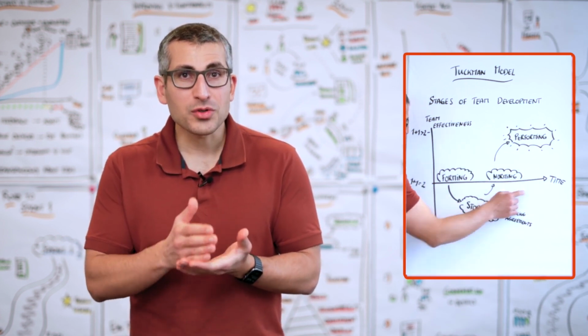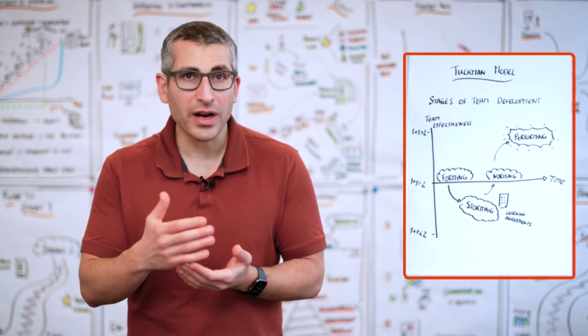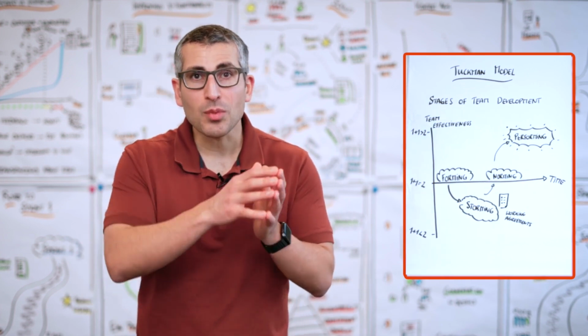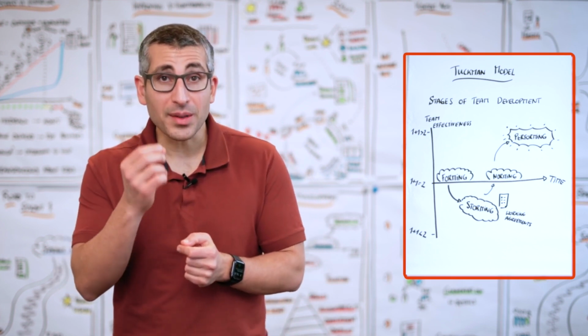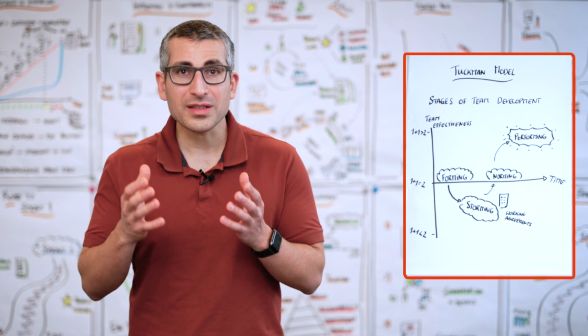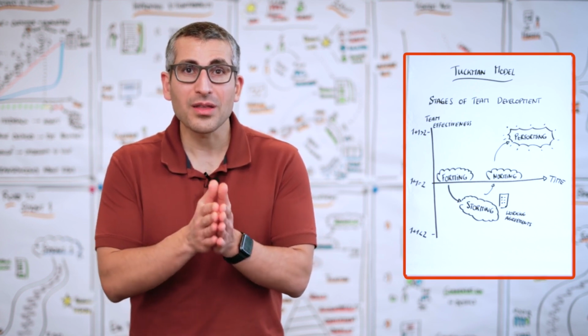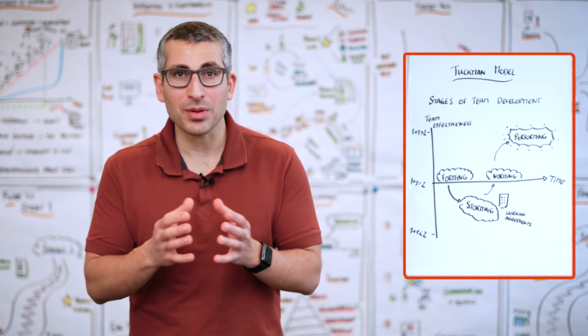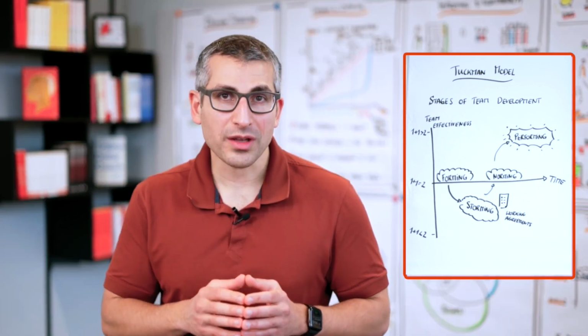We see and we observe in organizations over and over again that they assemble a team, that team moves through that journey, sometimes they get to the performing stage, but once they're performing, at some point, the project comes to an end. And then the team is disassembled again. So how can we deal with this?